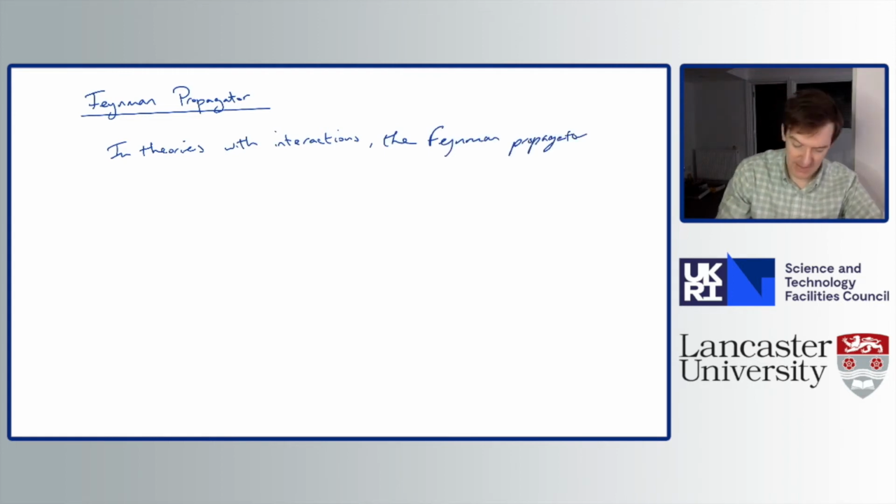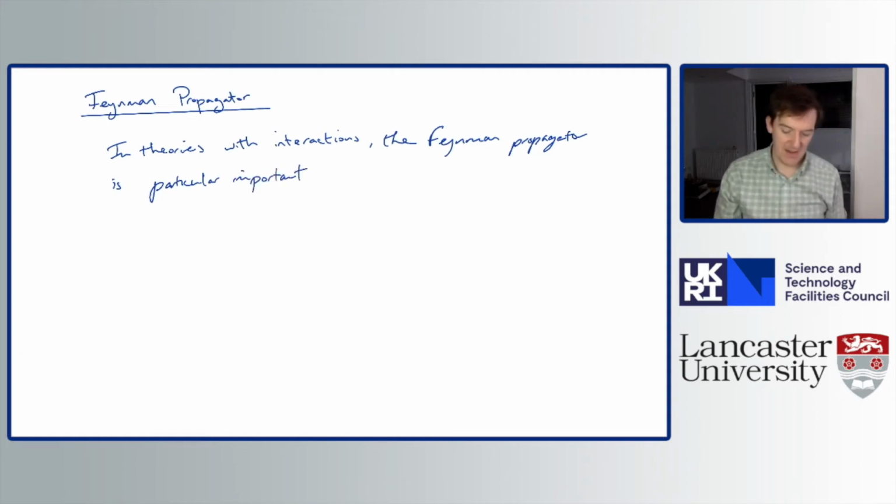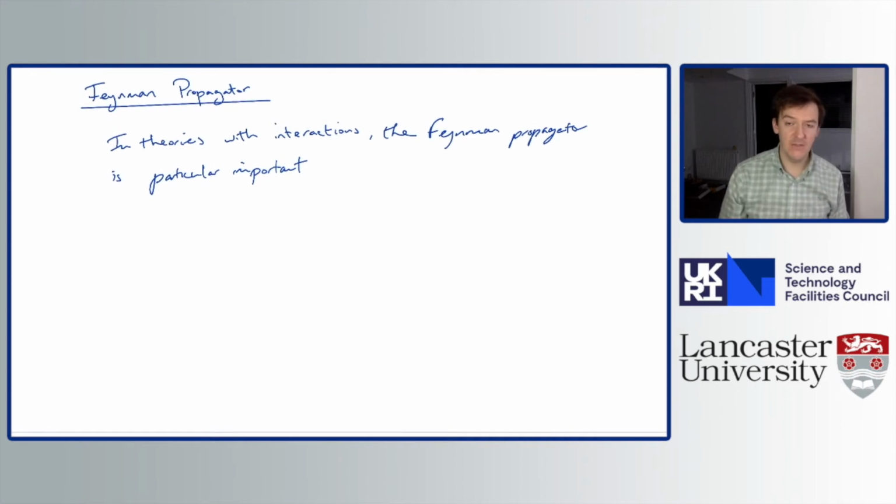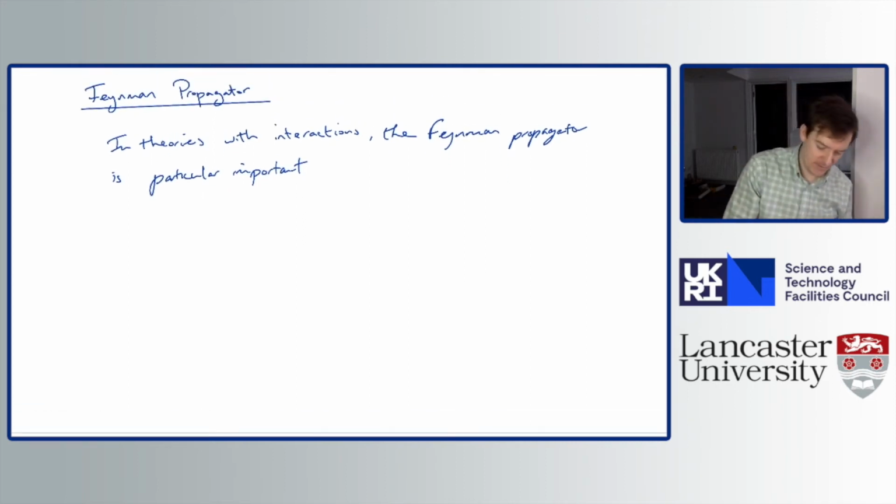This thing is obviously named after Richard Feynman. Okay, so this is going to be particularly important. So we're going to spend much of the rest of the lecture discussing this Feynman propagator. Okay, so let me just define it for you.